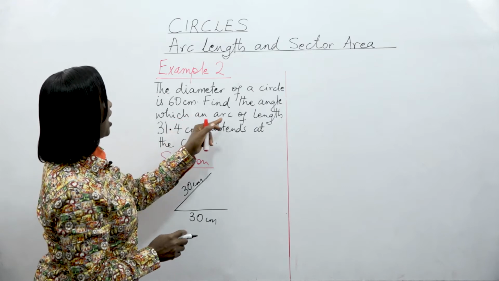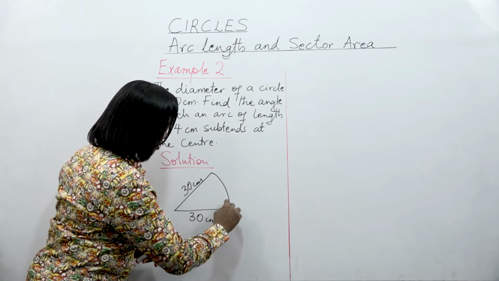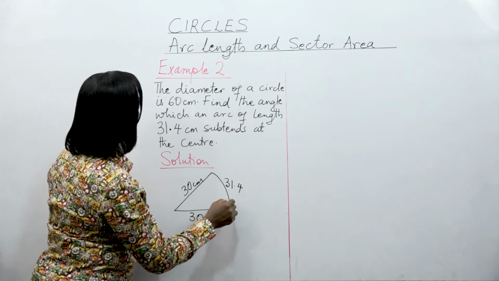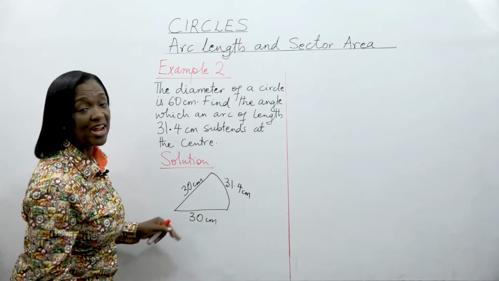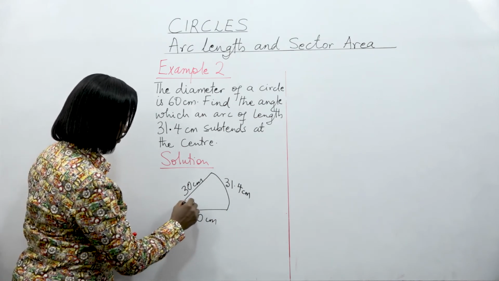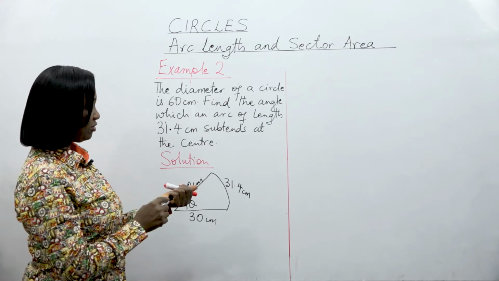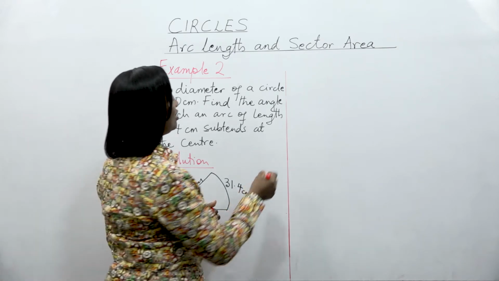The angle which the arc of length 31.4 subtends. So that's the arc, and that arc is equal to 31.4 centimeters. So we want to find theta. This is exactly the question that we're supposed to solve. So, what's the formula for arc length?